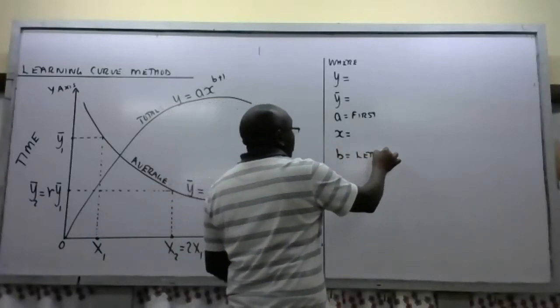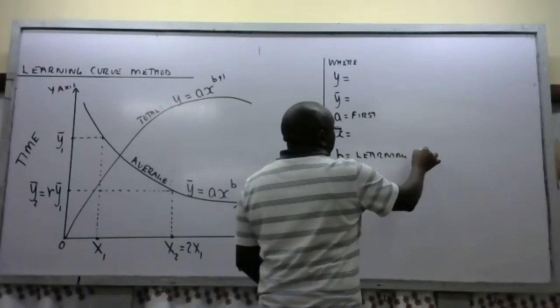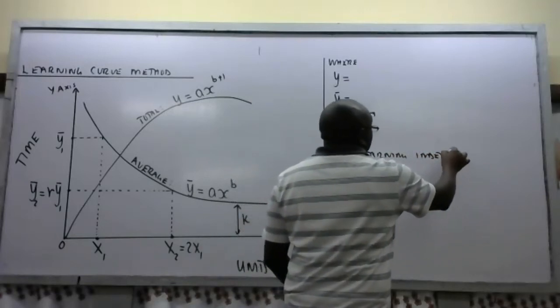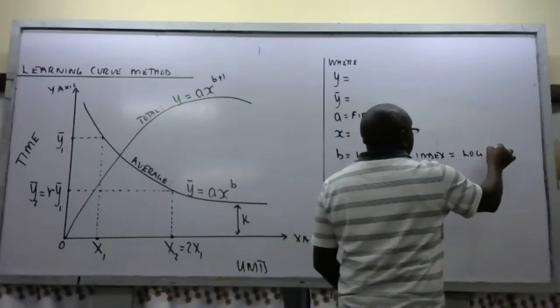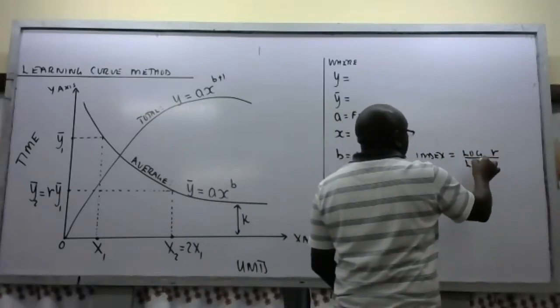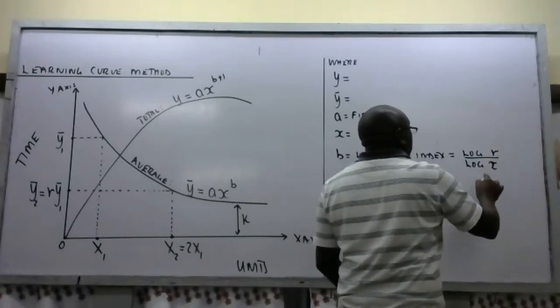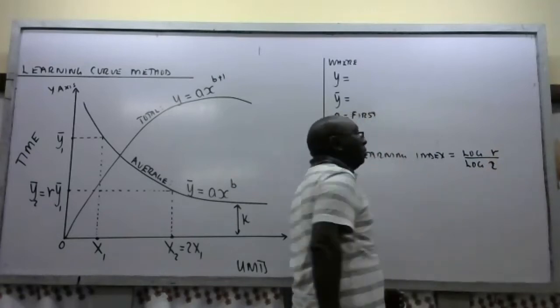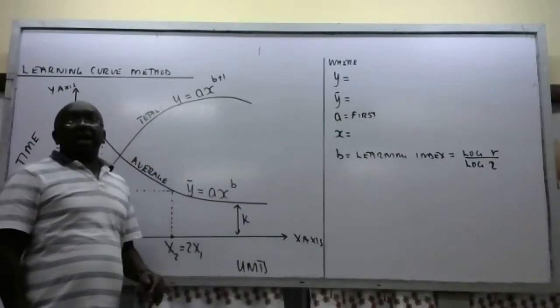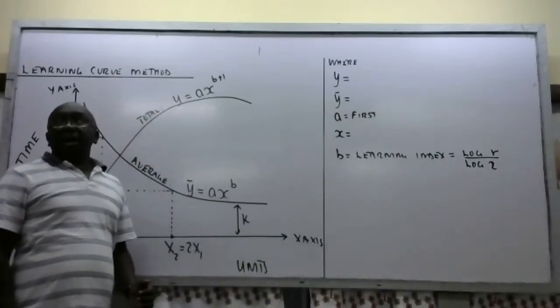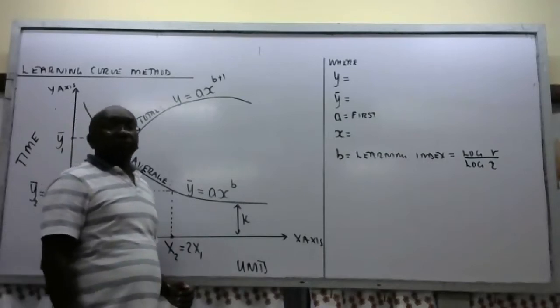B is the running index, which is given as the log of R divided by the log of 2.